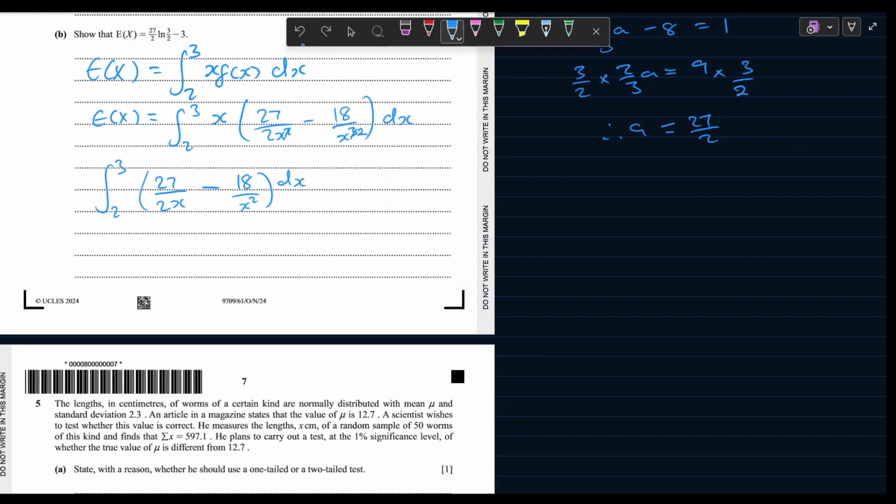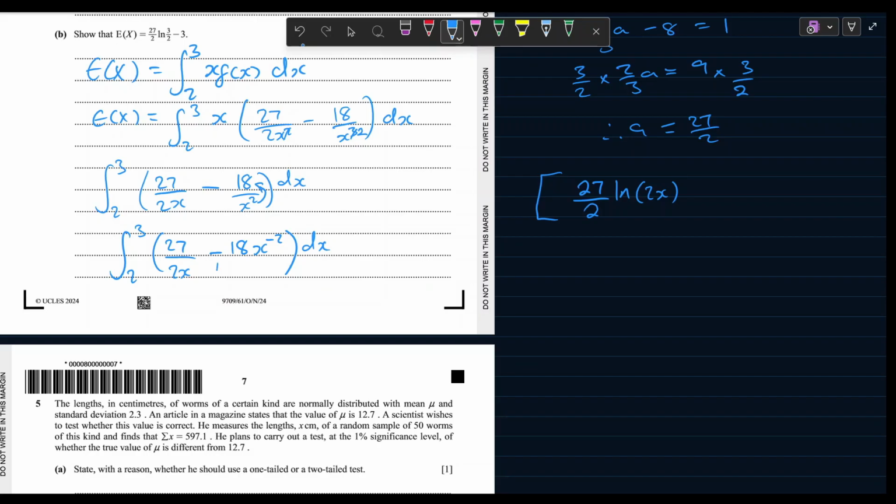So the x here, we can leave it on the denominator, but this x squared, we need to move it up to the numerator, so that we're integrating from 2 to 3, and we're integrating 27 over 2x, and this is going to be minus 18x to the negative 2. This is all with respect to x. So let's finish it off on the side. If you integrate 27 over 2x, that is going to be 27 divided by 2, and then we've got ln 2x.